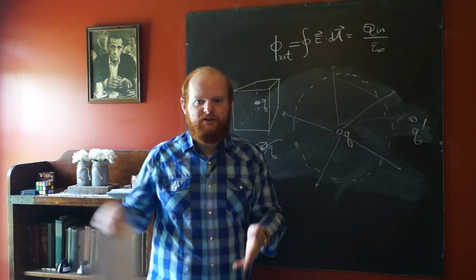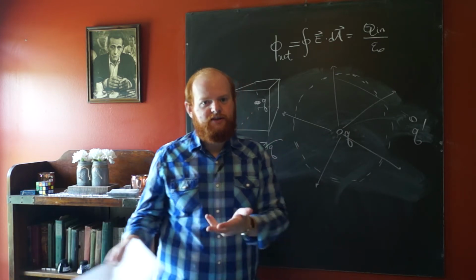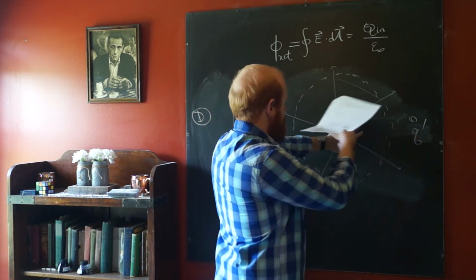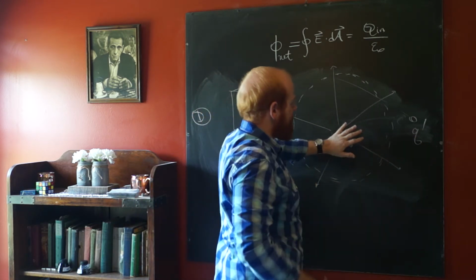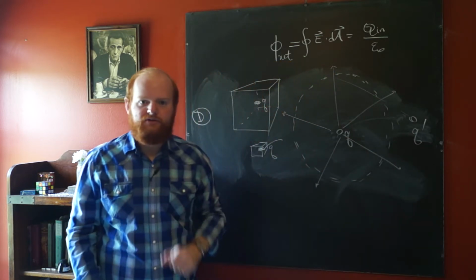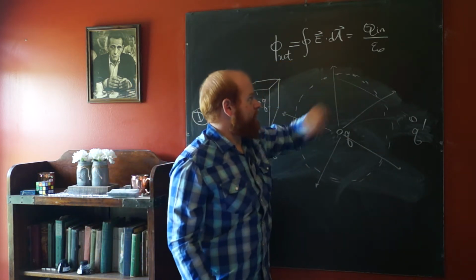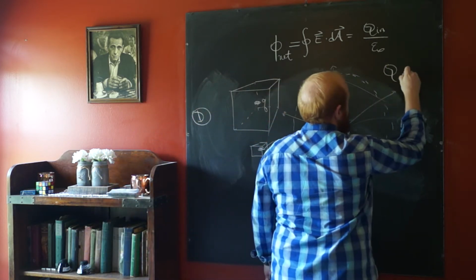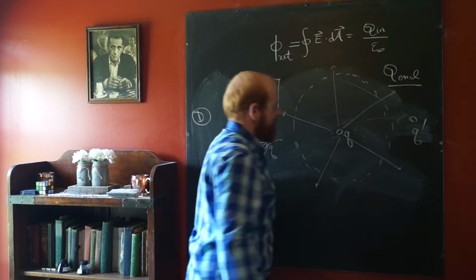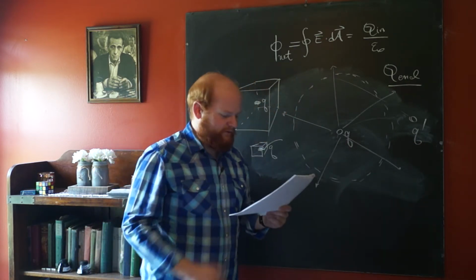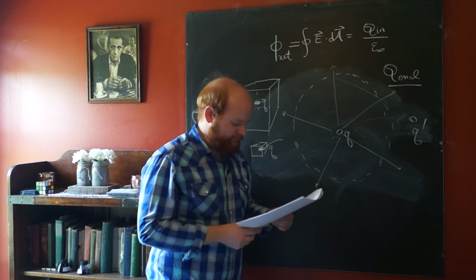So whatever flux is coming in is flux going out, and so it just cancels itself out, in the very same way that when we had just the charge outside, there was no net flux coming through. If we add whatever charges we like outside, it doesn't change the flux through that surface, only the charge enclosed, which is what Q inside means. Sometimes you might see that written that way also, which is shorthand for Q enclosed. But the charge definitely has to be inside the Gaussian surface.